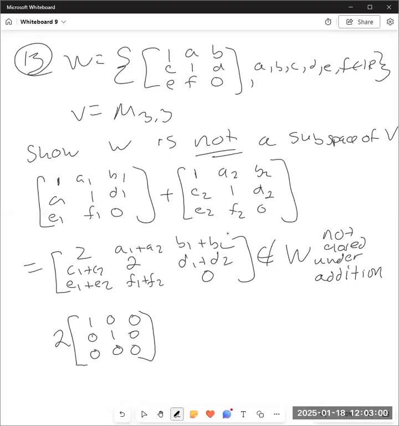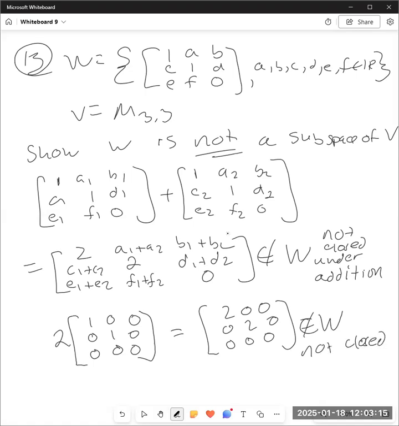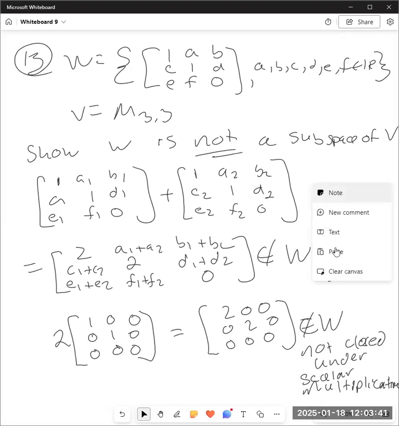I didn't need to be this generalized here, but that would make [2, 0, 0; 0, 2, 0; 0, 0, 0], which is not in W, so not closed under scalar multiplication. So if it fails either one of the two conditions, it's not a subspace. So we've shown both of them fail. Here, it's not a subspace.